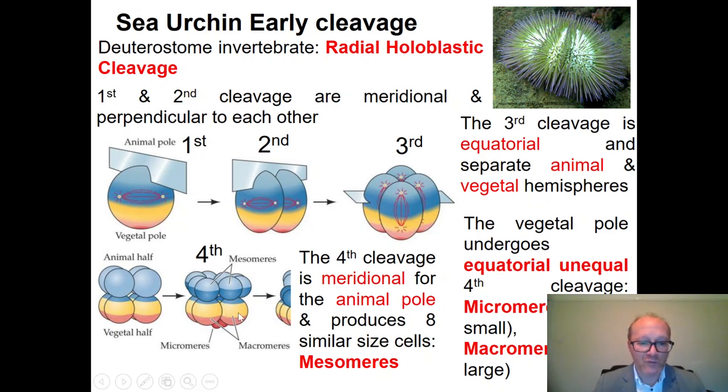In fact, they produce four cells that are quite large with most of the cytoplasm, called the macromeres, and four cells on the bottom, which are quite small with little cytoplasm, called the micromeres. Okay, so mesomeres on top, eight cells, all similar in size, then four macromeres with most of the cytoplasm, very big, and then four small micromeres on the bottom with a small amount of cytoplasm.